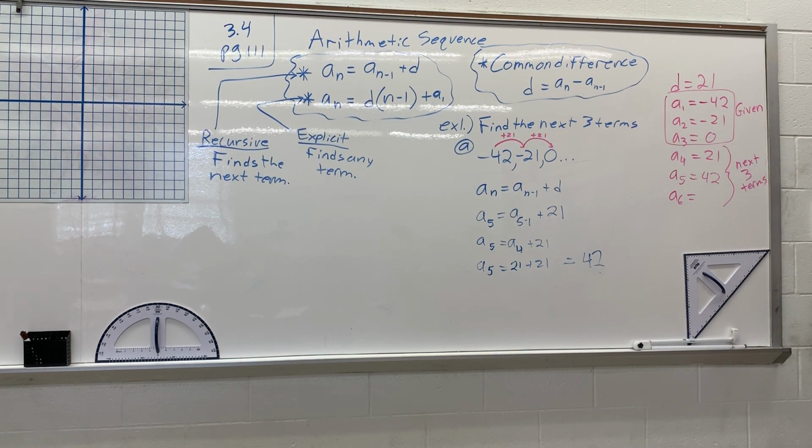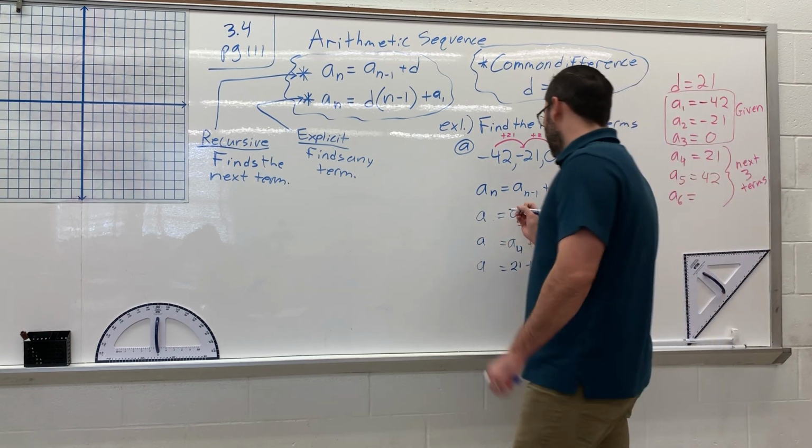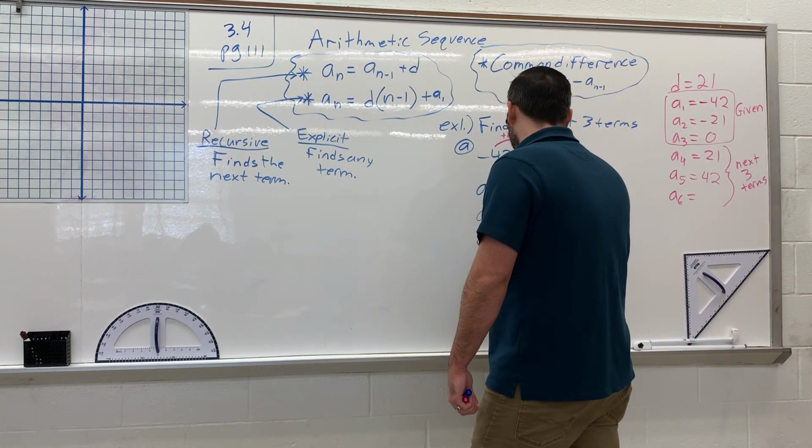So I found 2 of them. So what do I do to find a sub 6? Well, yes, you could just add 21, but we're trying to use the formula. So what do I do with the formula? Replace 5 with 6. Replace this 5 with a 6. Okay, let's do that. 6, 6, 6.